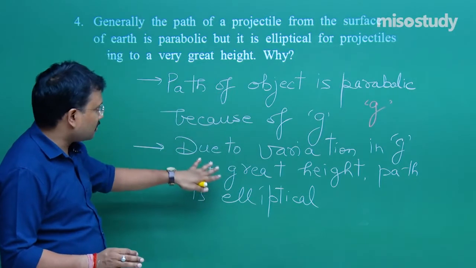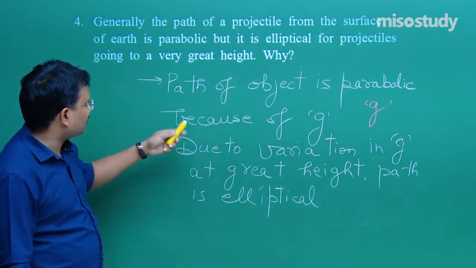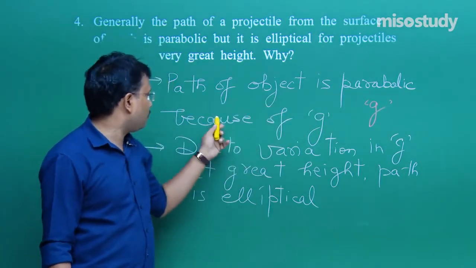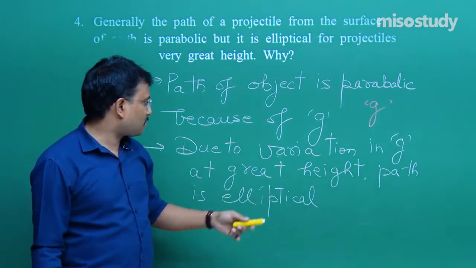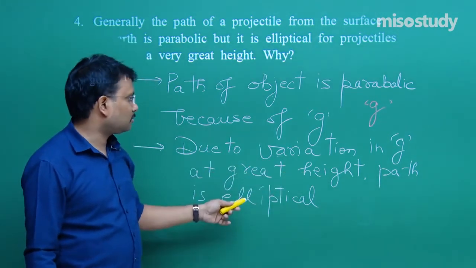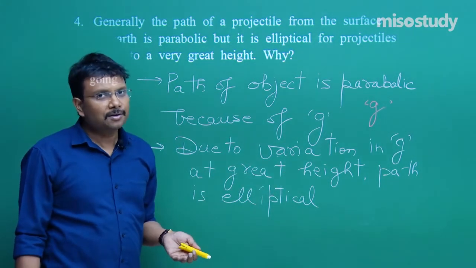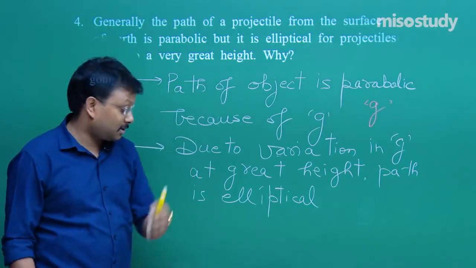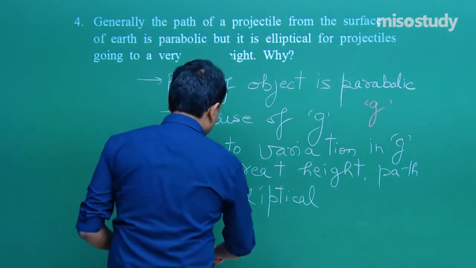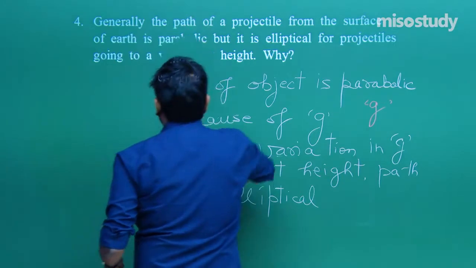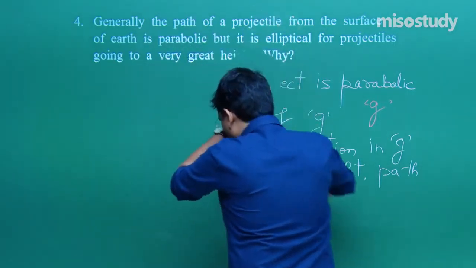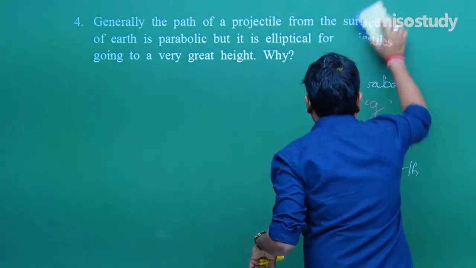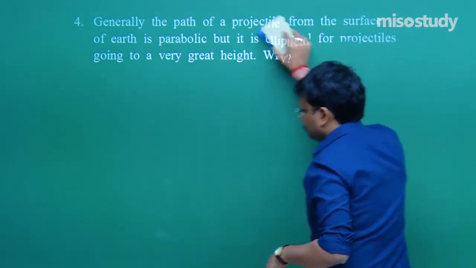So if you write down this much, I think how many words are there? 1, 2, 3, 4, 5, 6, 7, 8. 8 to 10 words, 2 full marks. That's it. Fine. So this was question number 4 for this category of 2 marks.